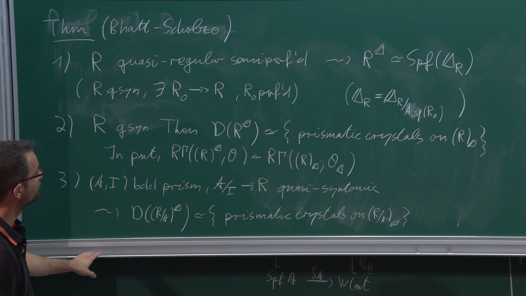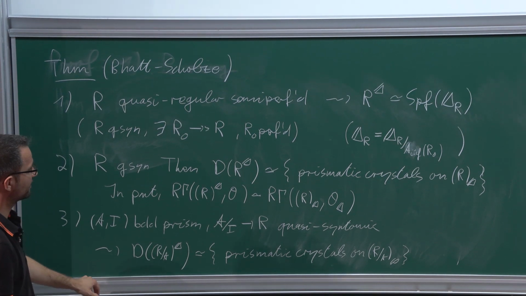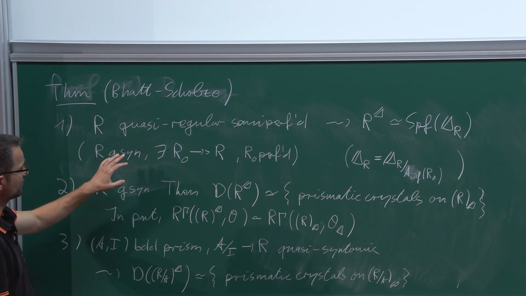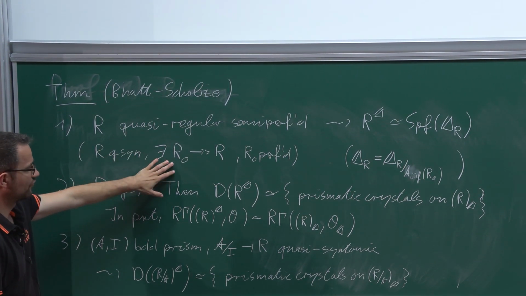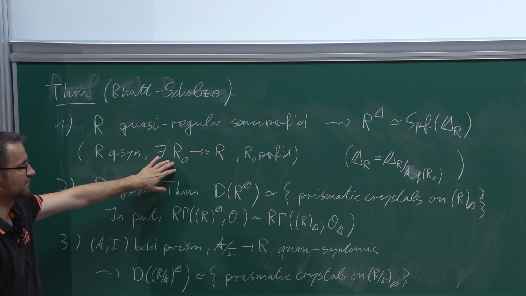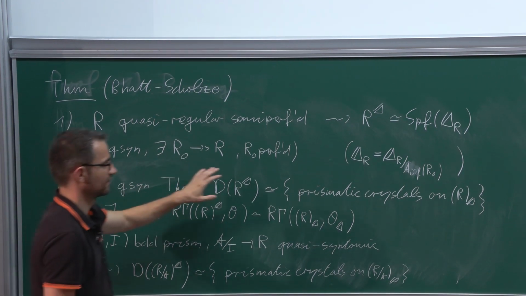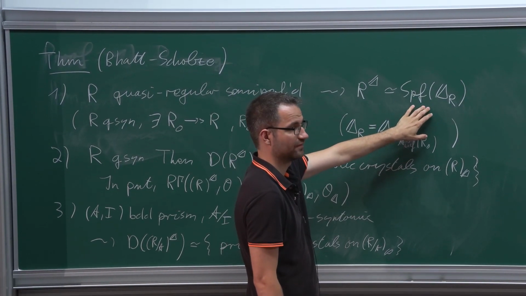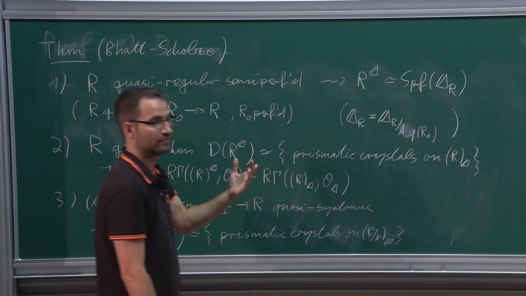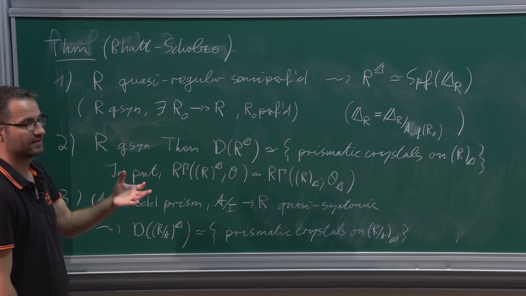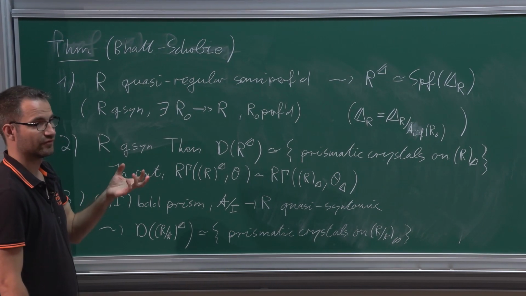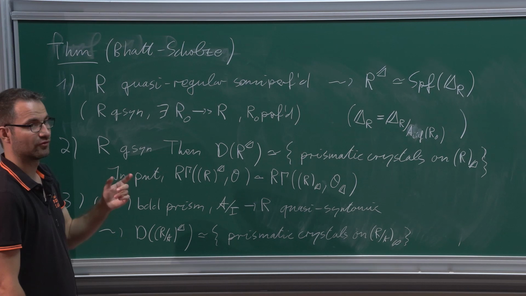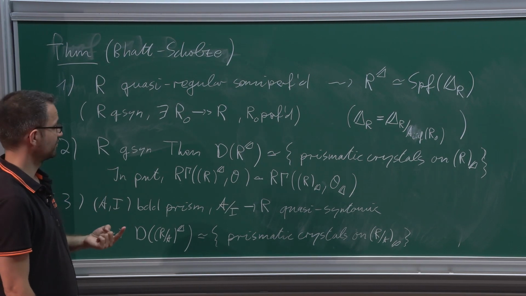And so the proof for this I just sketch orally. First, one needs to understand the case for a perfectoid ring and see that here the prismatization is given by the Spf of A_inf. This follows from derived deformation theory, using that the A_inf of a perfectoid ring has trivial cotangent complex over Z_p.